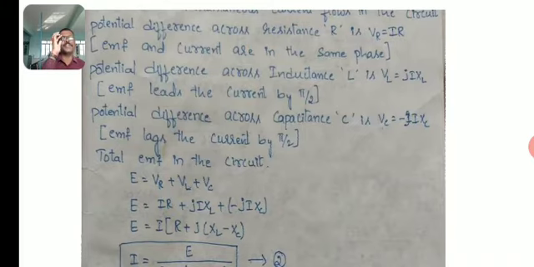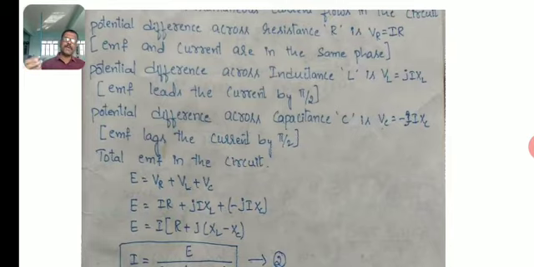Similarly, the potential difference across the capacitance C is VC is equal to minus j I XC, where XC is known as the capacitive reactance. It is the amount of opposition offered by the capacitor to the flow of alternating current.